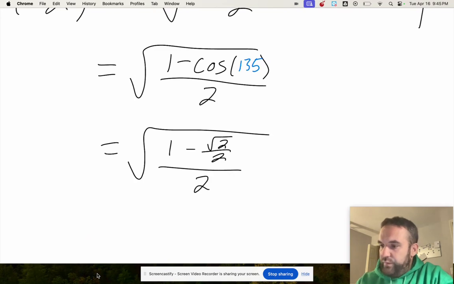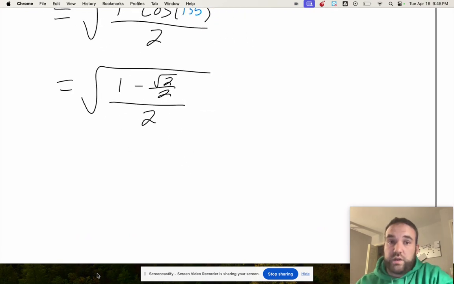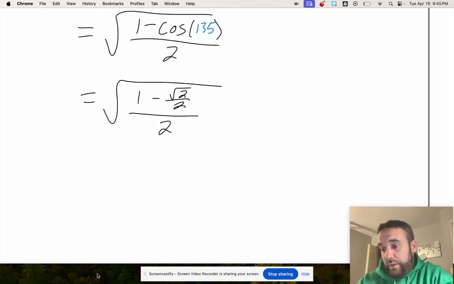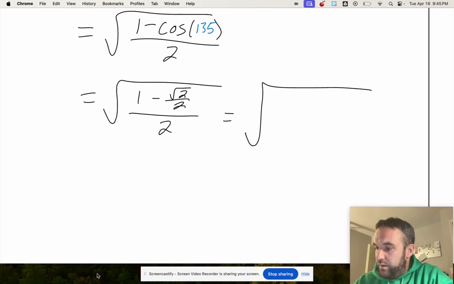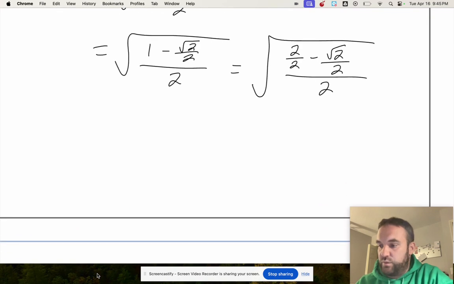So this is a little goofy because I have a square root inside a square root, and it's a fraction that's part of a fraction, which looks terrible to start. So I'm going to get that positive 1 to have a common denominator by calling it 2 over 2, because 2 over 2 is the same as 1. So now my fraction becomes this, which is just a series of 2's.